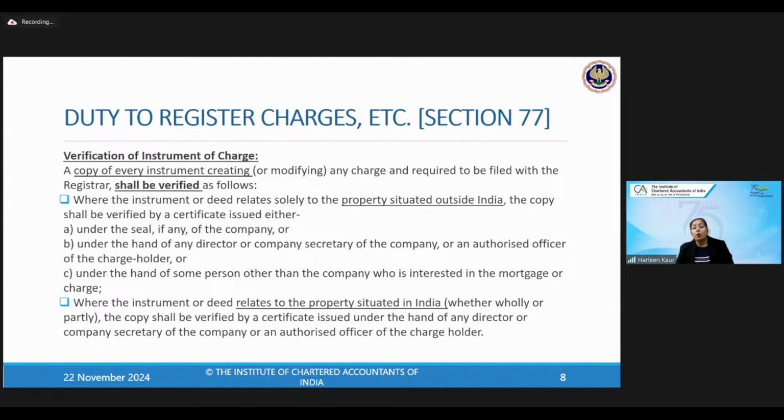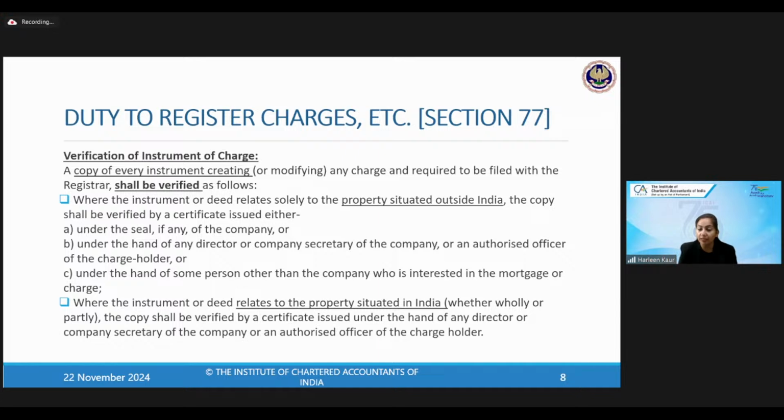But it says if the property is situated in India, whether partially in India or fully in India, then it has to be signed definitely by the director, company secretary, or any other authorized officer of the charge. So any of them definitely needs to sign it. You don't have to put just the company seal or any other person can sign. Here, director and CS is compulsory.